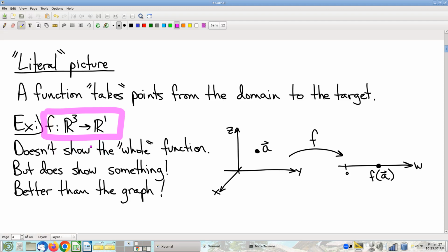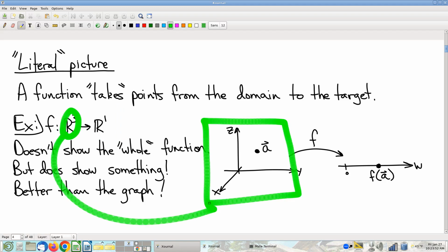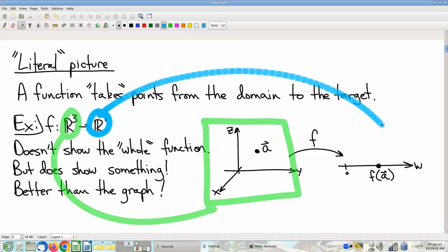And this is what I like to call the literal picture, and I say literal because we're going to take what the function is directly doing, right? It is taking points in R3. Well, I'm going to draw a picture of R3 there. And it's going to return points in R1.